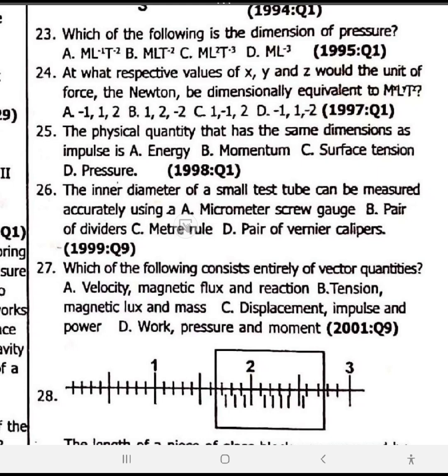Gauge is G-A-U-G-E. Micrometer screw gauge measures smaller lengths such as thickness of paper, diameter of a wire or pendulum bulb. So let's go back. The inner diameter of a small test tube can be measured accurately using, 26 is option D, pair of vernier calipers. 27. Which of the following consists entirely of vector quantities?